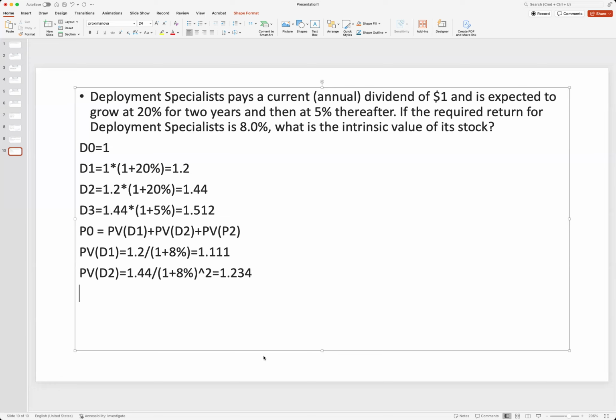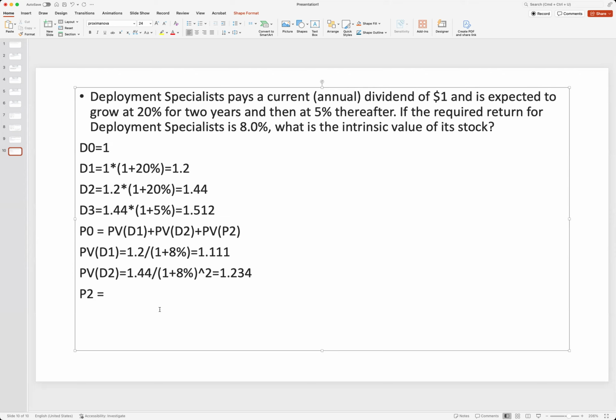Next, present value of P2. We do not know P2 yet, so let's solve for P2. If you sell the stock at the end of year 2, what's going to be the stock price? Well, the stock at that point is just going to be a company that pays out a dividend of D3 next year, and it's growing constantly at a 5% rate.